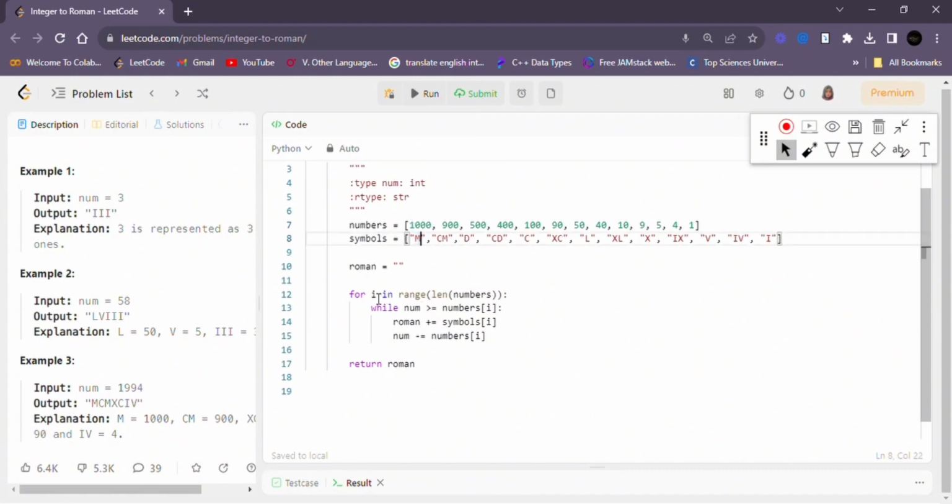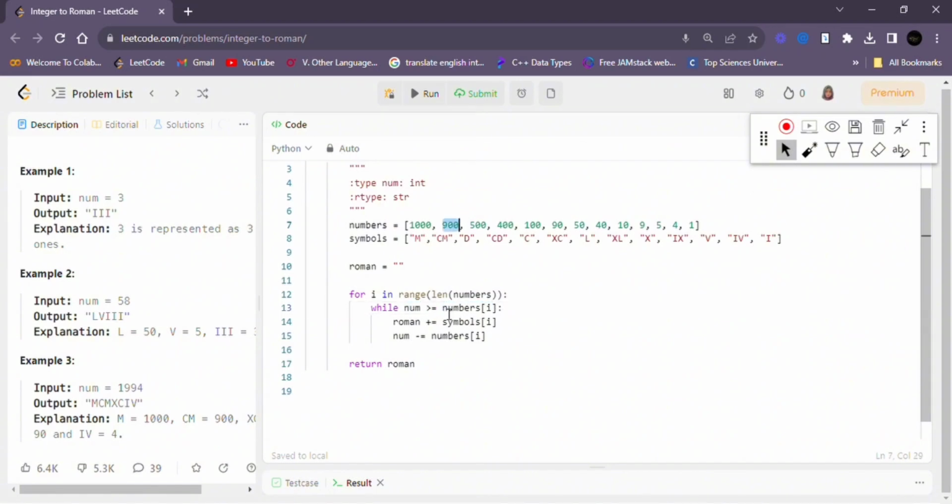So I apply a loop, for i in range length of numbers, and apply the condition in a while loop: while num is greater than or equal to numbers of i.